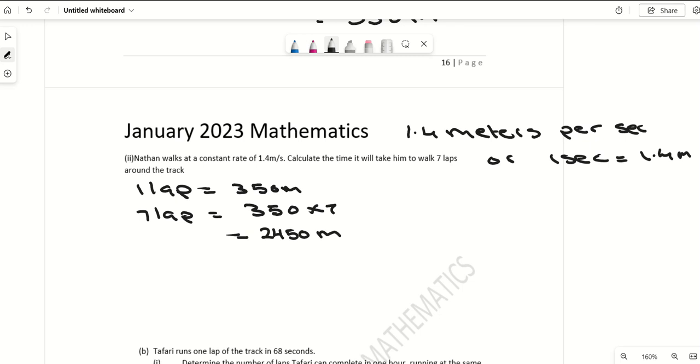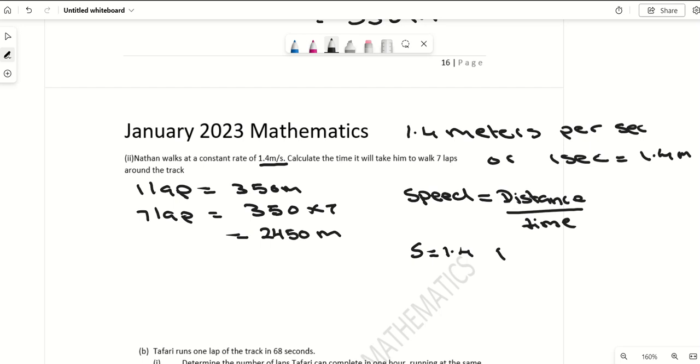Now, there are 2 ways you can do the next part of the question. You can either set speed equals distance over time. They told you the speed, your constant rate is 1.4, right? Your distance is 2,450, and we're trying to find time, so we'll leave time as t. So we could say 1.4 is equal to 2,450 divided by t. We're going to make t the subject, so multiply both sides by t first.